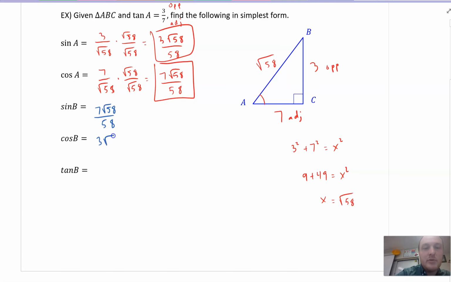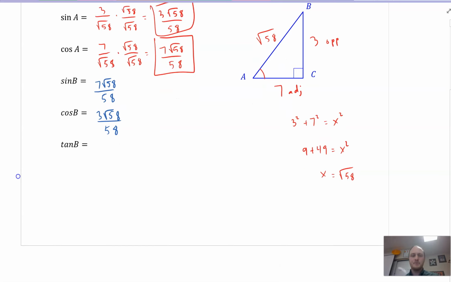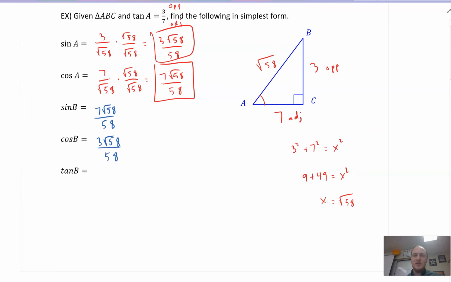This one is 3 root 58 over 58. Okay, and then last but not least, tangent of B. Tangent is opposite over adjacent. So if we are B, here's B, opposite is 7, adjacent is 3, so that is 7/3. That's a 3, I promise.